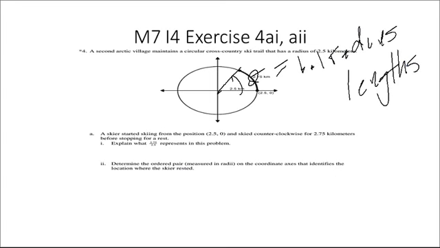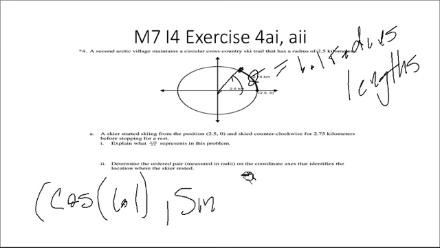And so if we want to determine an ordered pair, an xy, that gives us the skier's position in terms of radius lengths, we say, okay, I know theta in radians is 1.1 radius lengths, so I use cosine of 1.1 radians and sine of 1.1 radians.